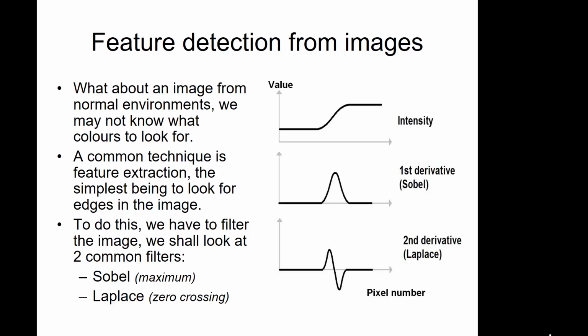So although color segmentation is good for very man-made, structured, prepared environments, in the real world it's not ideal. So what we're going to finish with in this video is trying to detect features just from an image without doing any modification to the environment. So it's just a raw image, and how do we extract data from that?